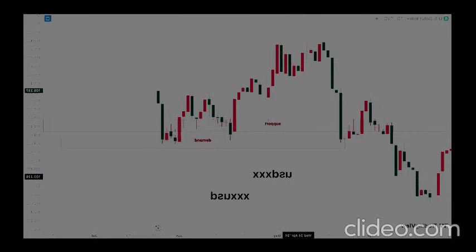Also, any pair with USD in it would be affected by the move of DXY.